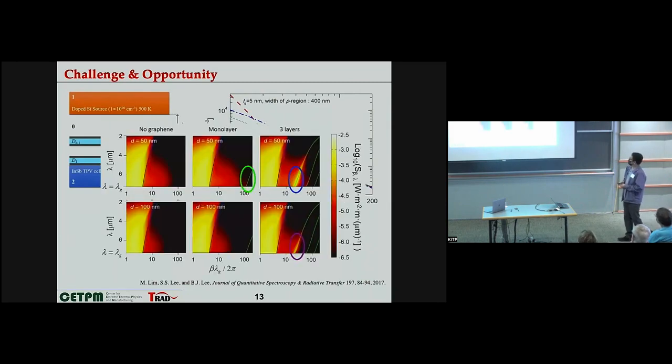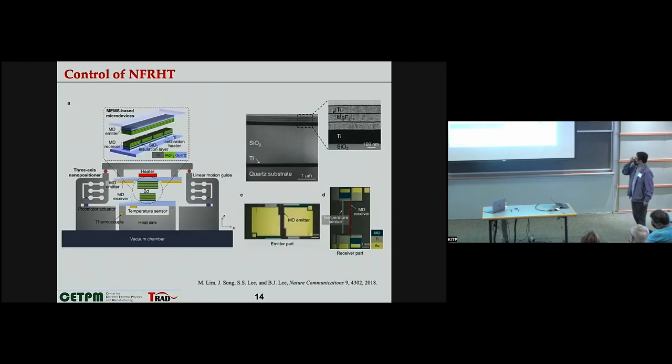So the calculations and the theory confirmed that by coupling these multiple resonances, we do shift the beta to smaller values, and that allows tunneling of the evanescent wave with the smaller value of beta. So from there, we do experiments. We fabricate metallodielectric multilayers with titanium as the metal.